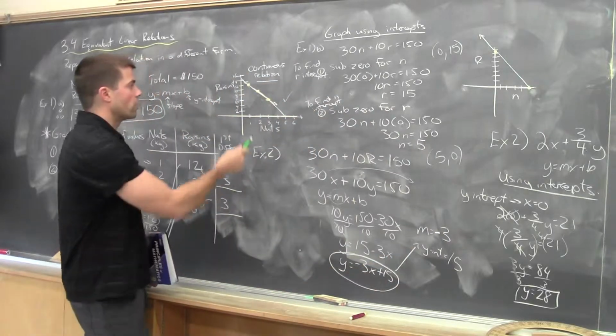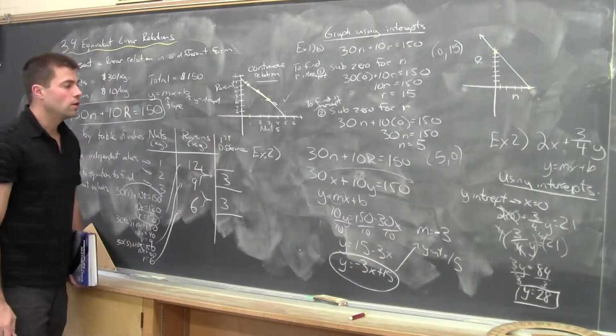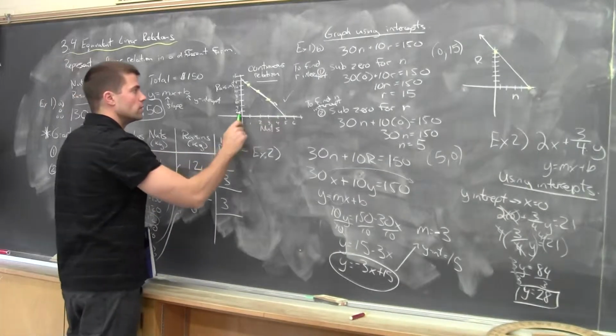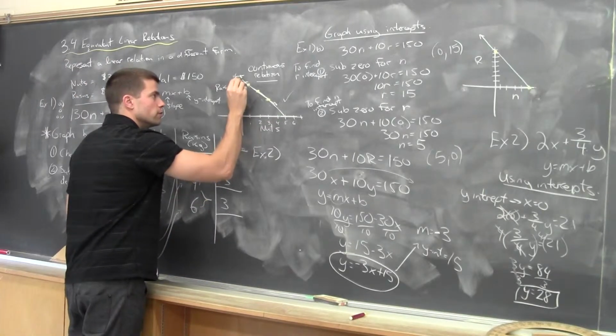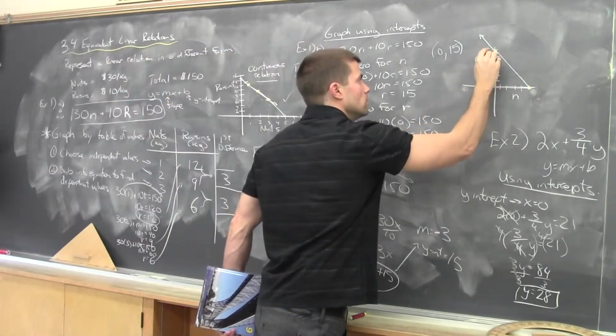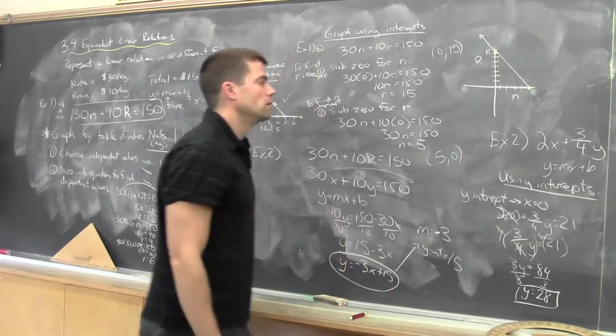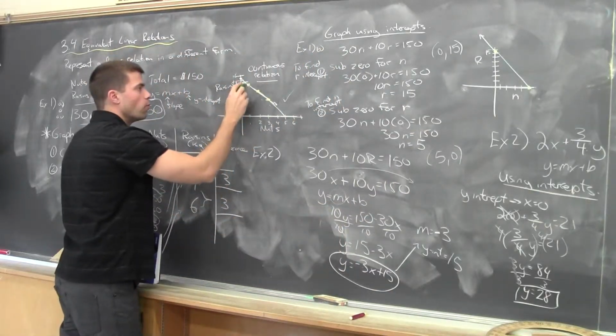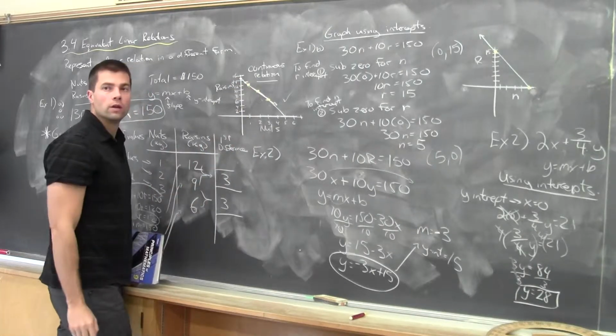Okay, so if we look at our graph now, we should notice that we get the same graph, right? So we're going to look at our y-intercept is 15. Sure enough, it's 15 right there. Same thing over here when we graphed it using intercepts. Y was 15. Okay, and then our slope is negative 3. What that means is for every 1 we go over, we go down 3.